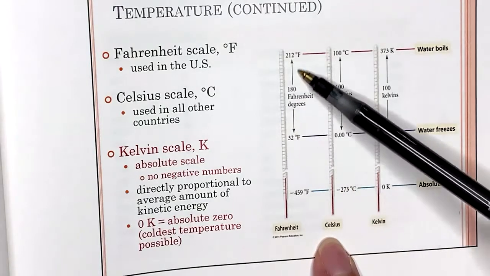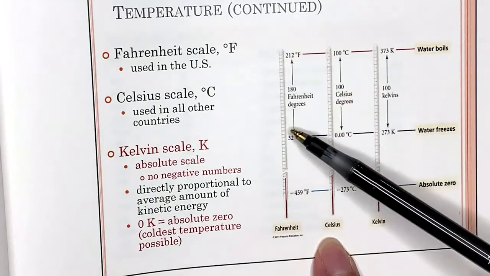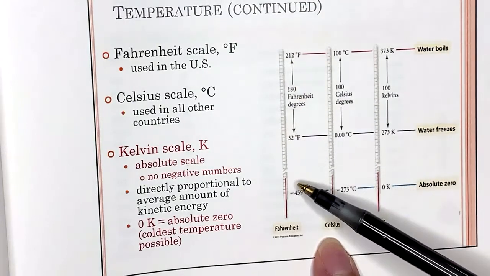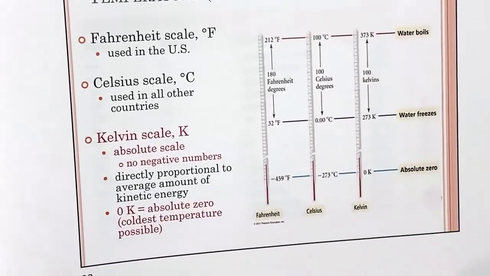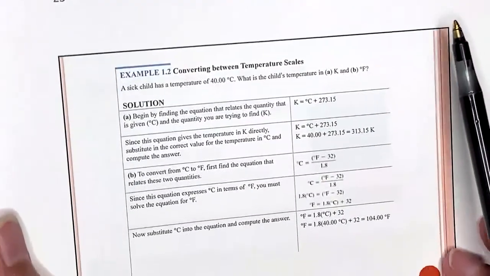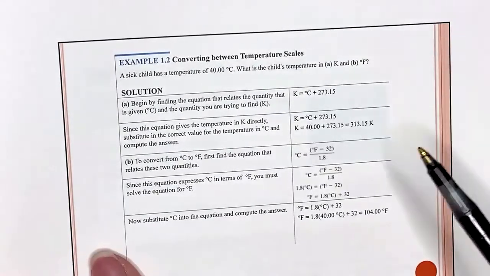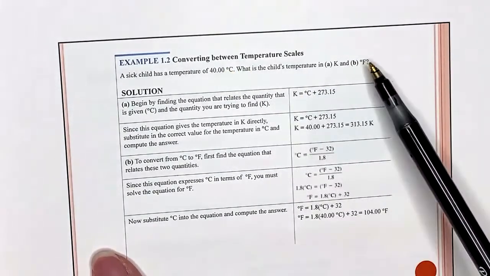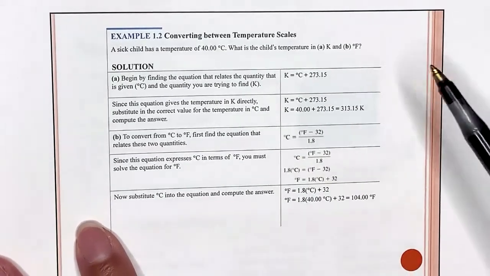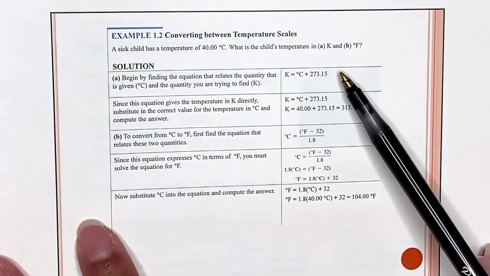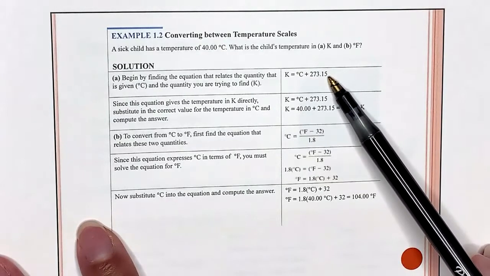And then Fahrenheit, you can see it's not the same. It's different amounts of degrees. So you would have to use the formula if you wanted to convert between Fahrenheit and Celsius. An example here says we have 40 degrees Celsius, and we want to convert it to Kelvin and Fahrenheit. For Kelvin, I expect you to memorize the formula.